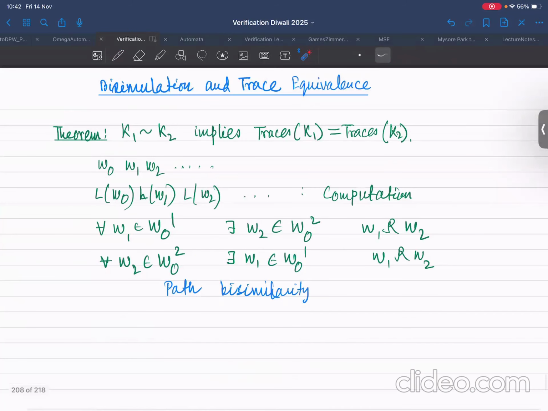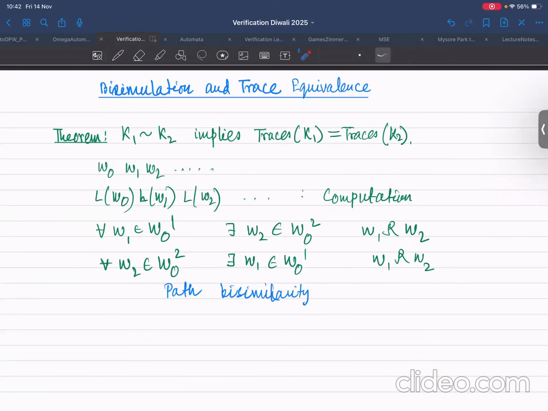So you consider the path, and given that we have the path bisimilarity, it also says that at all the intermediate points, if you take a long path, because the path bisimulation is defined over all paths, the labels for every individual path, over all the intermediate points, are the same.